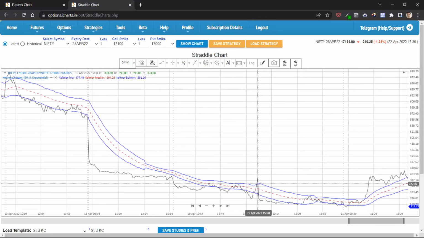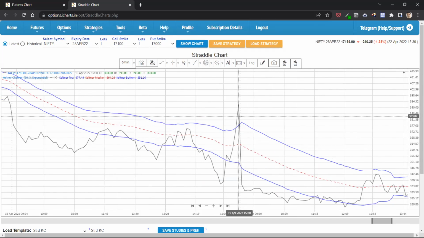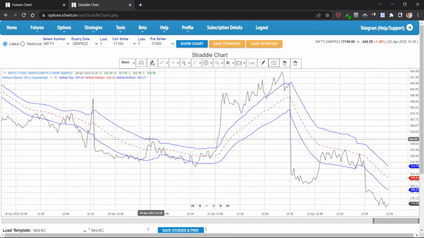Maybe you would not have been able to adjust, because 1530 happened outside the bands when the market was already closing. At 25 you were over here, but at 30 you were here, so you wouldn't be able to adjust. Next day it was okay, but this would be the position you would end up in.